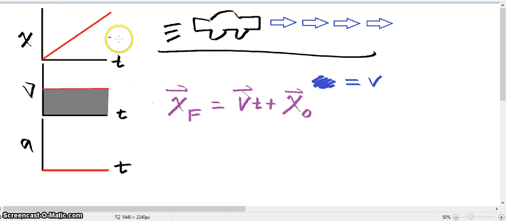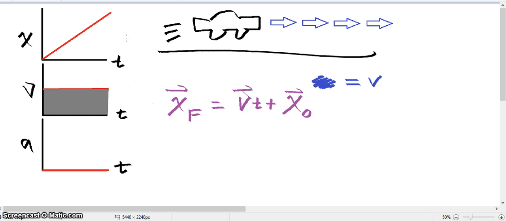When we look at our slope, or the velocity, we'd find that the velocity doesn't really change over time. The slope of our velocity would be zero, so that's why our acceleration is zero, because it doesn't really change.